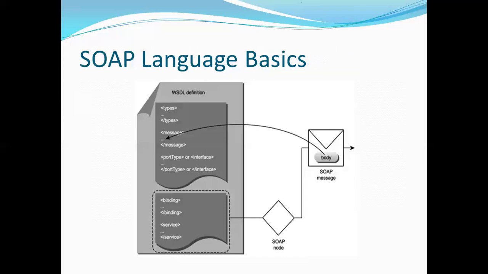So see here, the SOAP language basics is used here. You are sending the messages. So the WSDL definition covers the type tag, message tag, port type start, port type end, then binding start, binding end, then service start, service end.